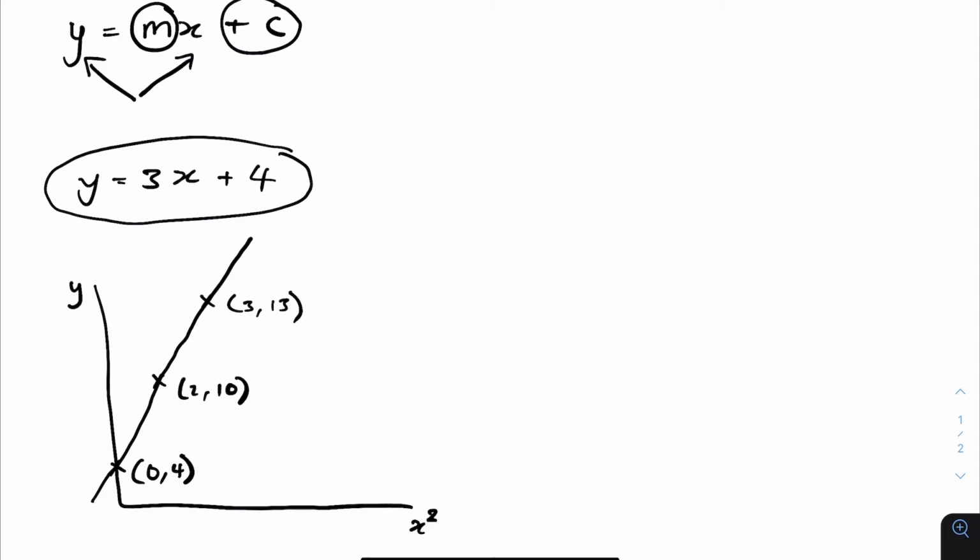Well, how would we graph the original function now? We'd use the gradient formula, which if you recall is y2 minus y1 over x2 minus x1. Let's take these two coordinates here.